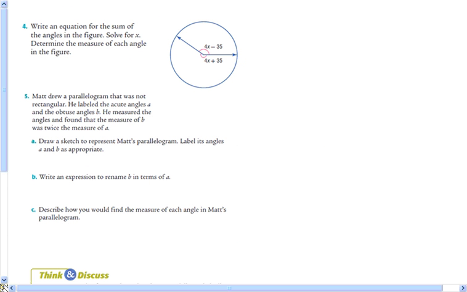Number 4. This is a circle, and one thing we have to remember about a circle, we're talking about two angles, a bigger angle and that angle. If we add up those two angles, we get the distance all the way around the circle, which is 360 degrees. So I'm going to write an equation to represent that.